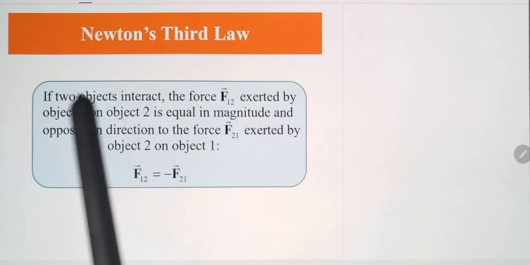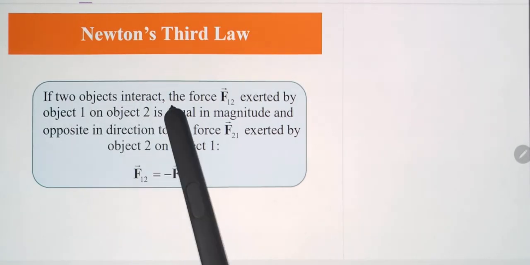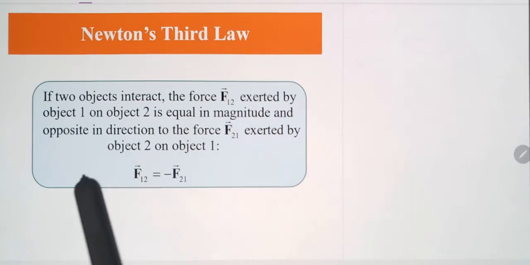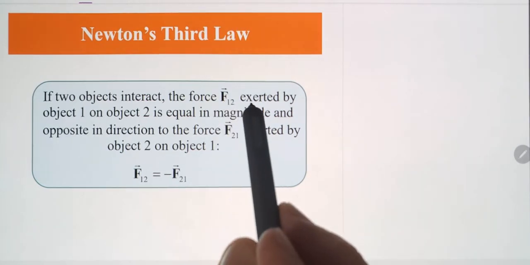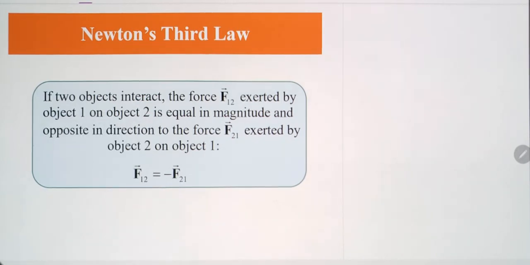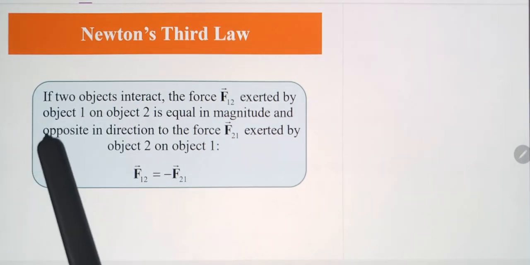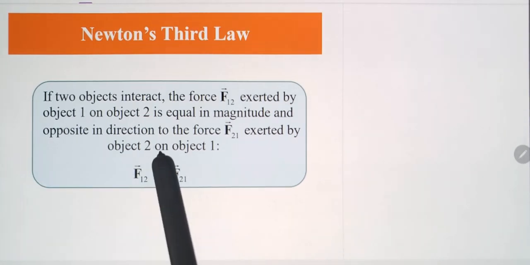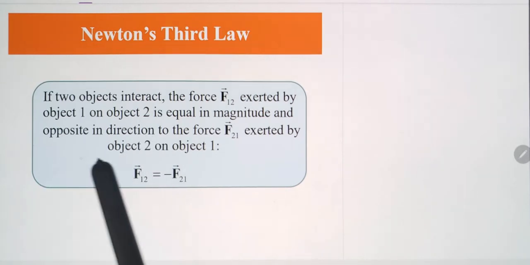If two objects interact, the force F12 means the force exerted by object 1 on object 2. Now, please memorize this. Pay attention, memorize it, because it will be confusing in the coming slides.